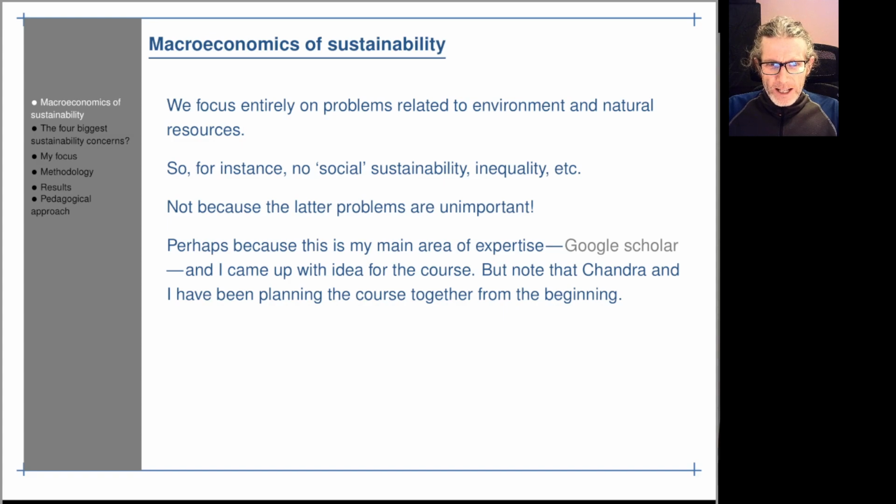So what about sustainability? Well, as you know, sustainability includes a lot of different things, but we're going to focus entirely on problems related to the environment and natural resources. So we're not talking about social sustainability, things like inequality, which could also certainly fit under the macroeconomics of sustainability.